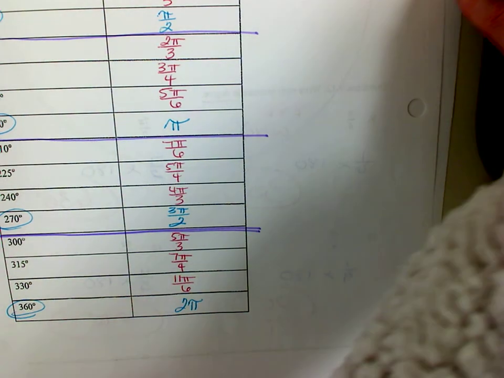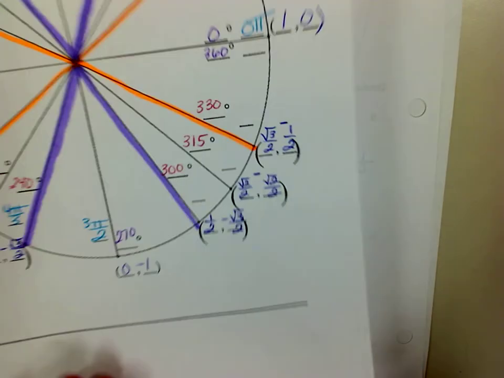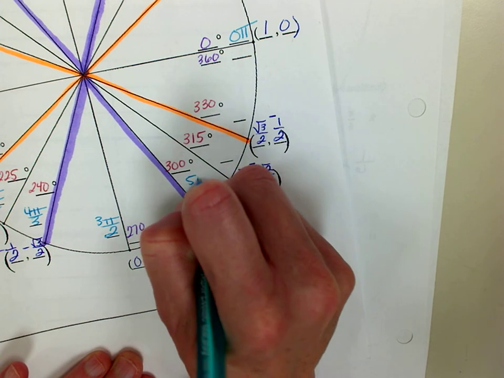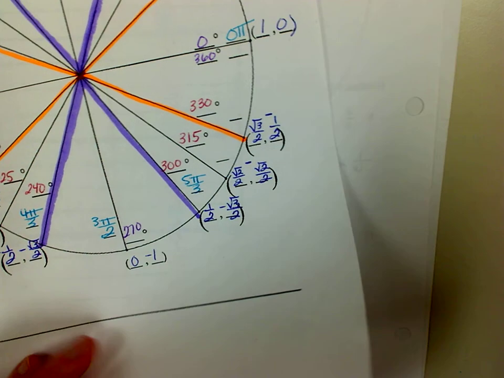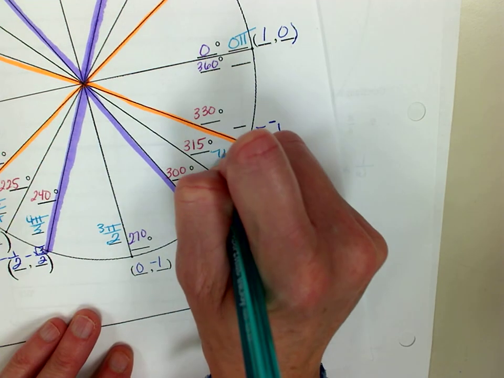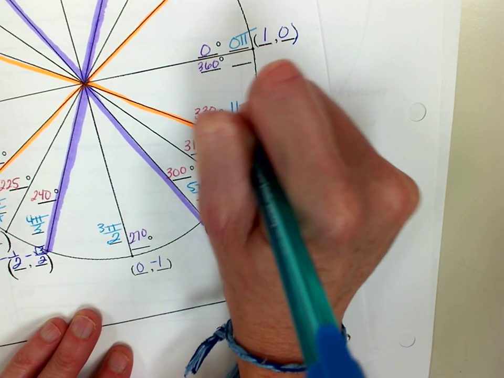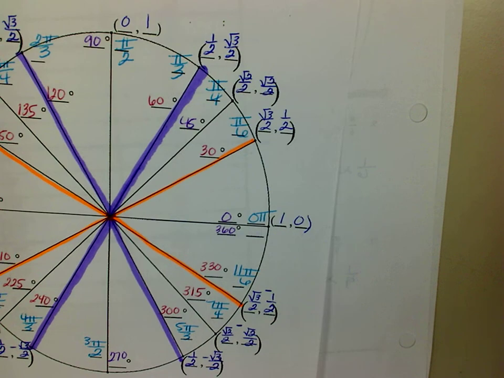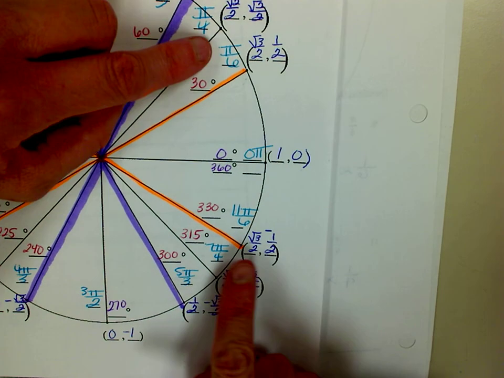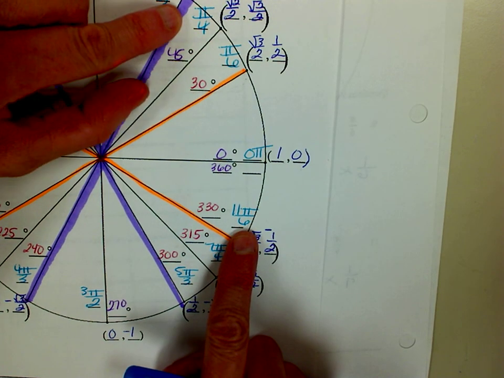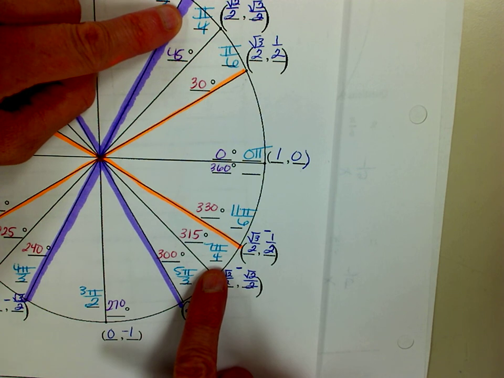Okay, now we're ready to add this on to our unit circle. 5 pi over 3, 7 pi over 4, and 11 pi over 6. The orange lines have a denominator of 6. The ones in the middle have a denominator of 4.